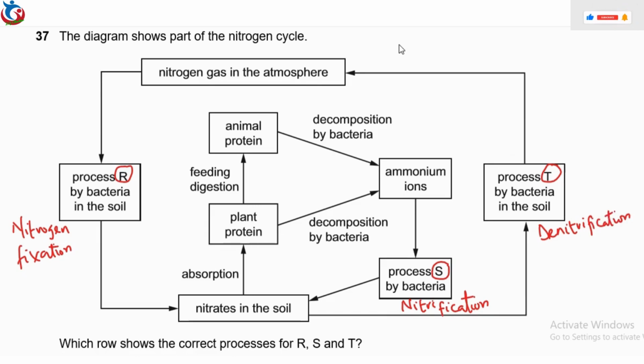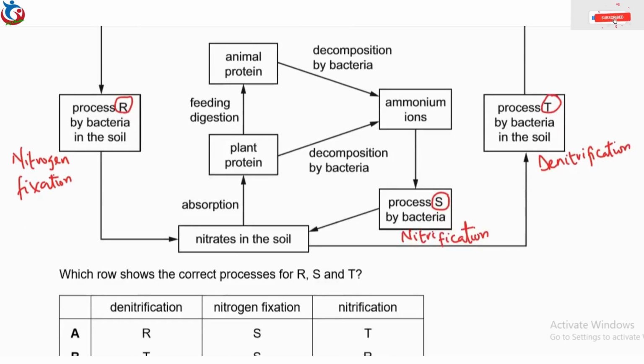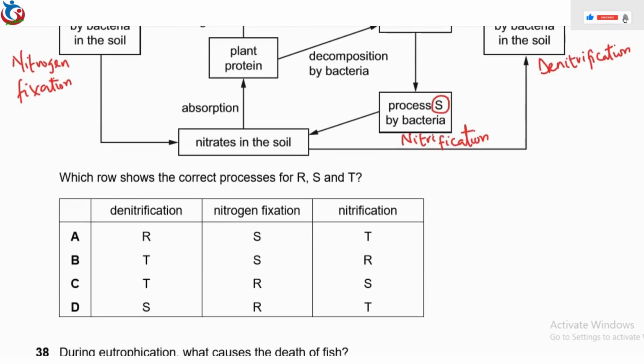Alright, so with this we can now look at the options and pick our correct answer. So with this we have denitrification first, that is T, okay? So we can automatically say denitrification is T, option A is wrong and option D is wrong.